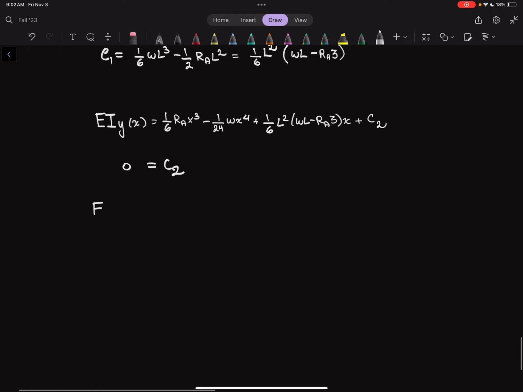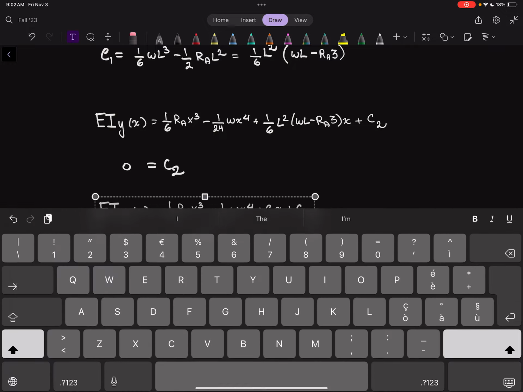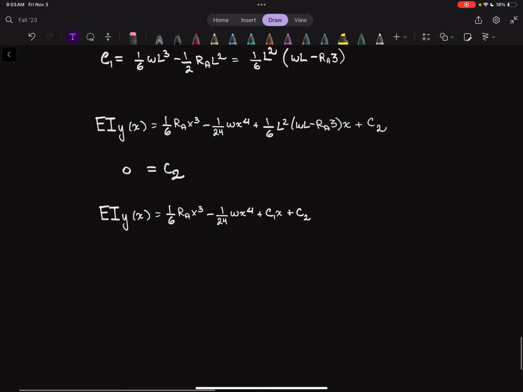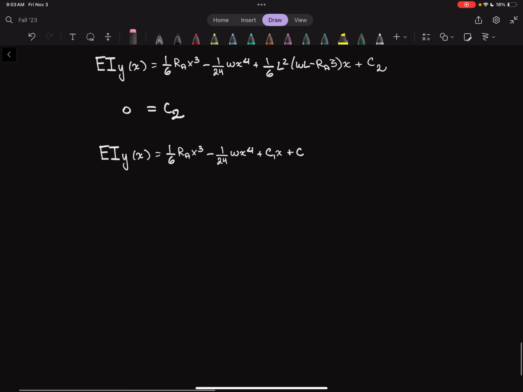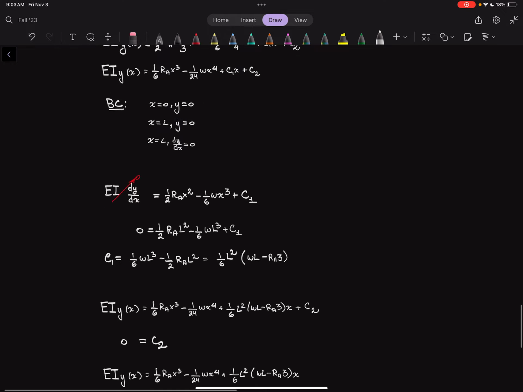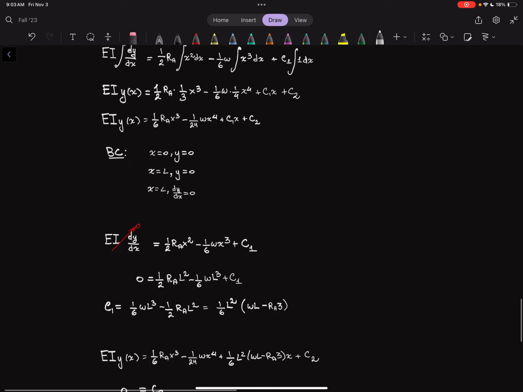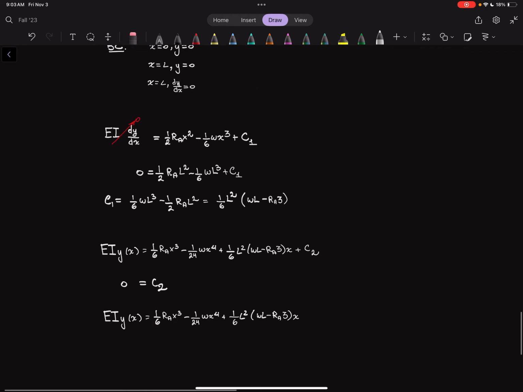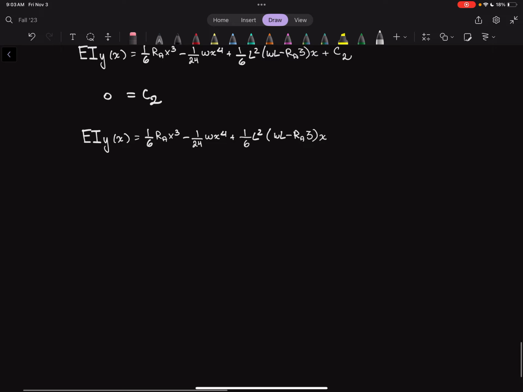So now we can rewrite this expression without the C2. And now we have one more to feed in, which is that when x is equal to L, y is 0.